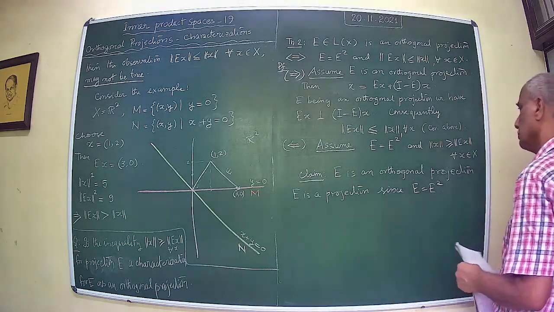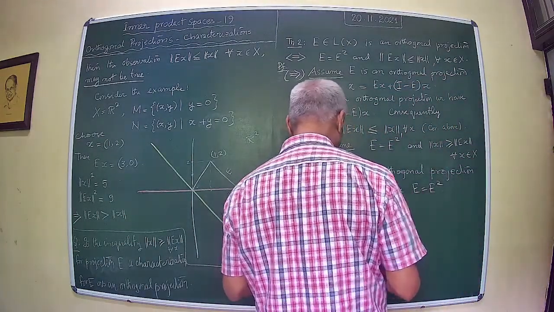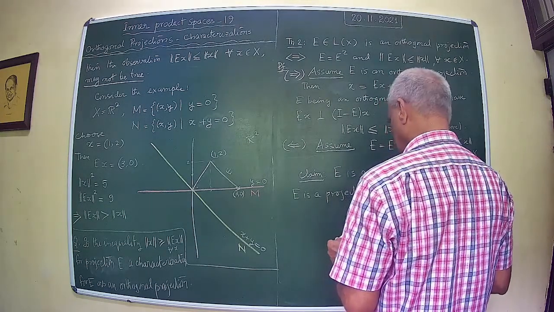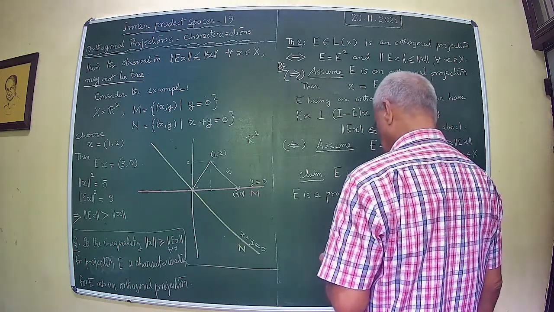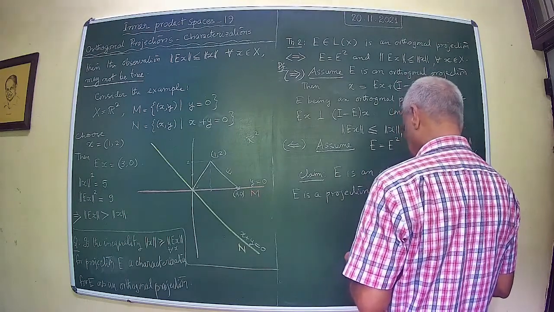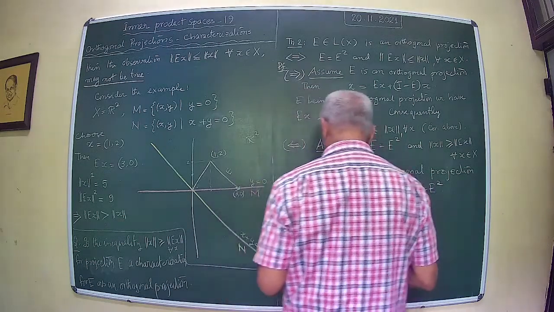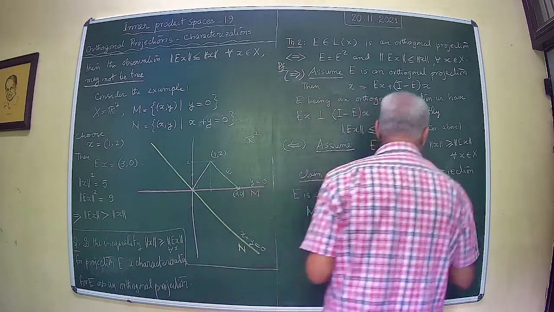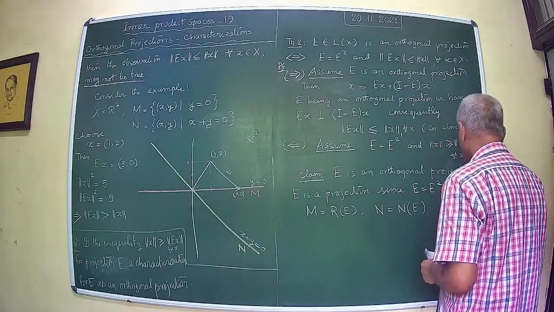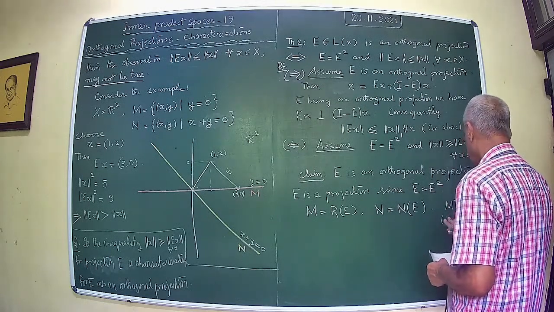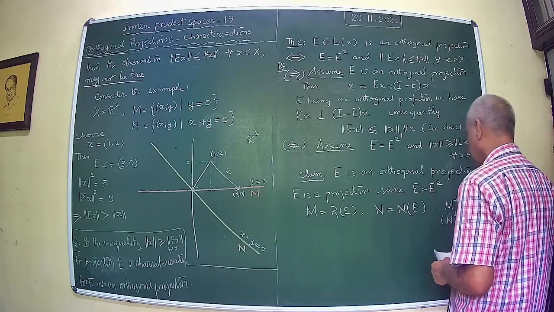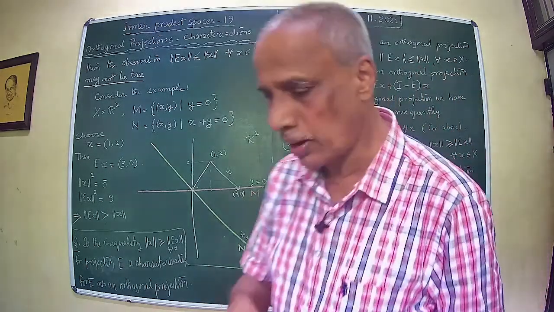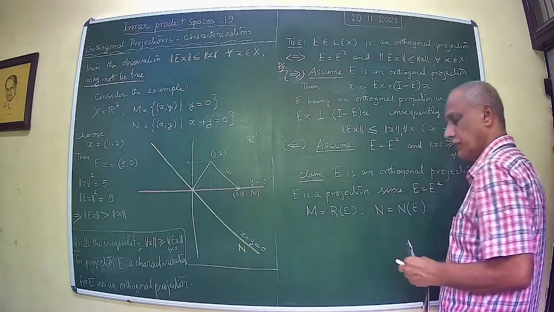Okay, so let me write M equal to the range of E, and N the null space of E. Then M perp should equal N, or equivalently N perp equals M. So what is required is to prove this. Sufficient to prove that N perp equals M.